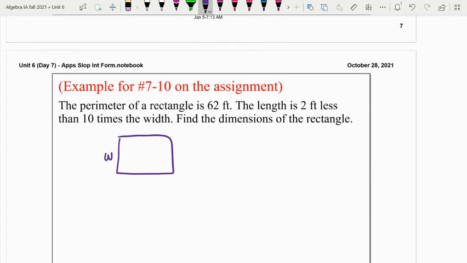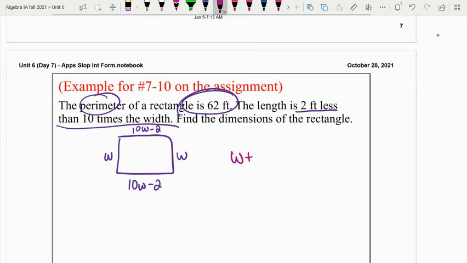So if this is W, 2 feet less than 10 times the width, so 10 times W minus 2. So when you see that 2 feet less, you've got to put it at the end. And I know I'm looking at the rim, so I'm going to add the 10W minus 2 here and the W. So I know the perimeter is 62, which means I add up all the sides.